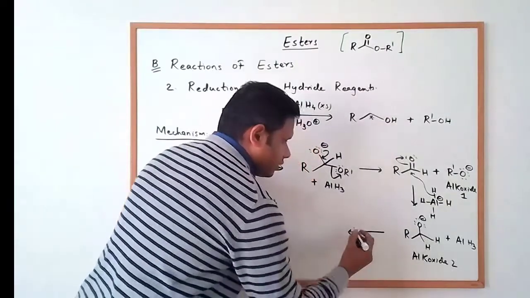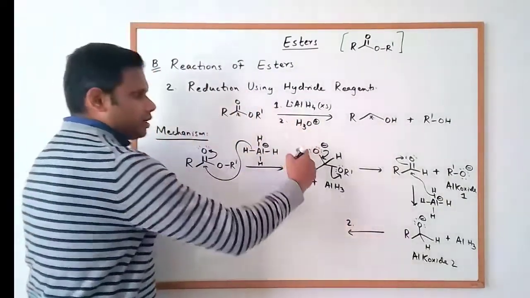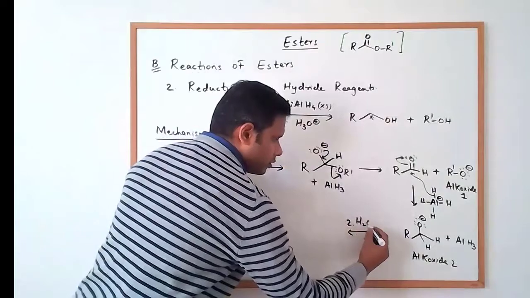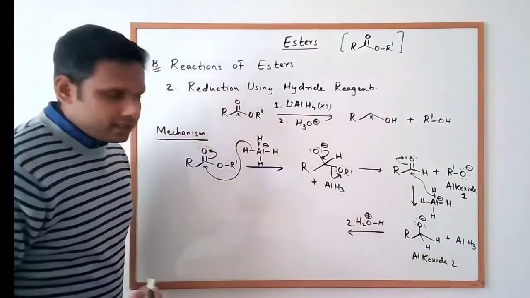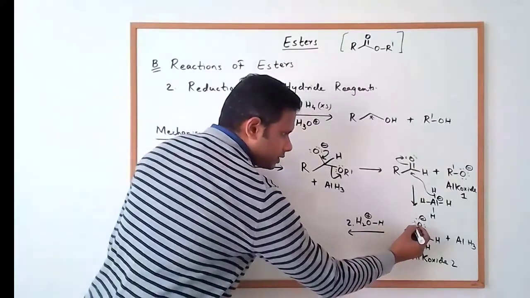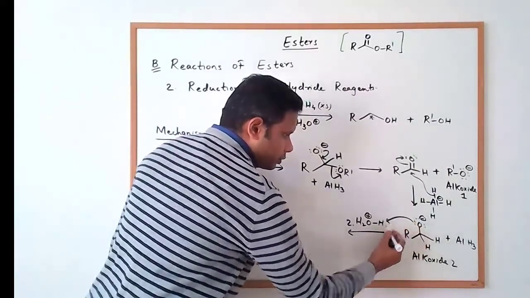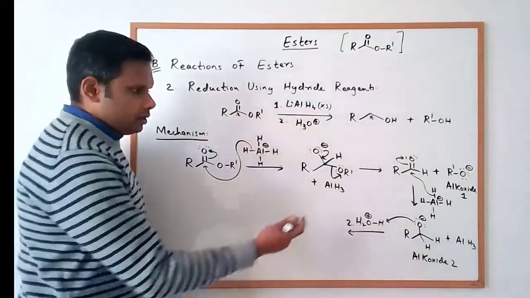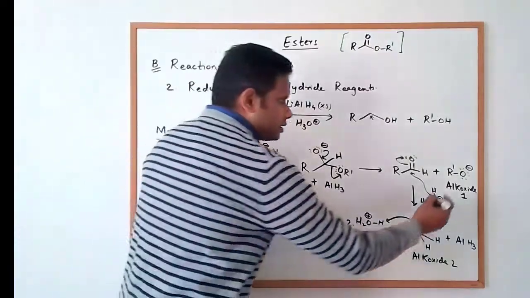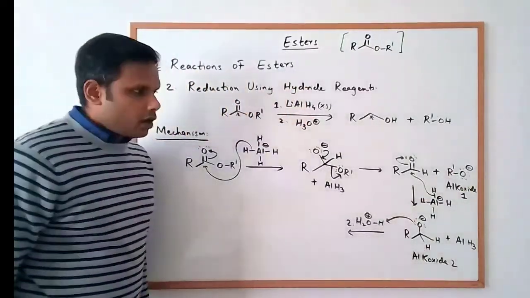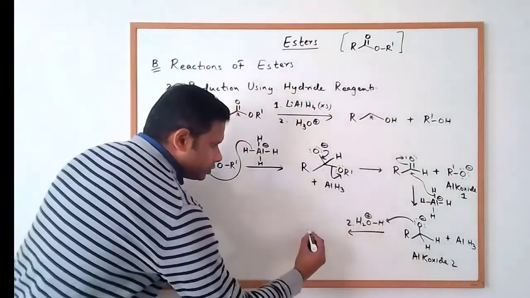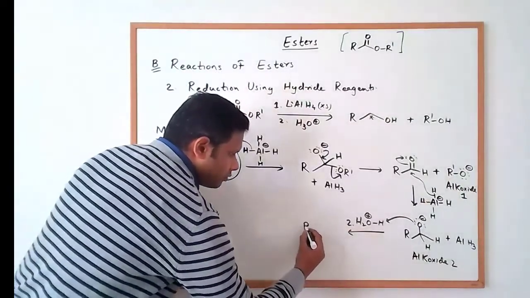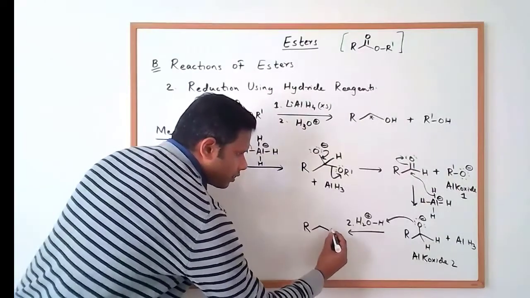Now, when we do the acidic workup, the alkoxide here will get protonated, but there is enough acid simultaneously that the other alkoxide is also going to get protonated. So at the end of this reaction, we're going to have 2 alcohols.